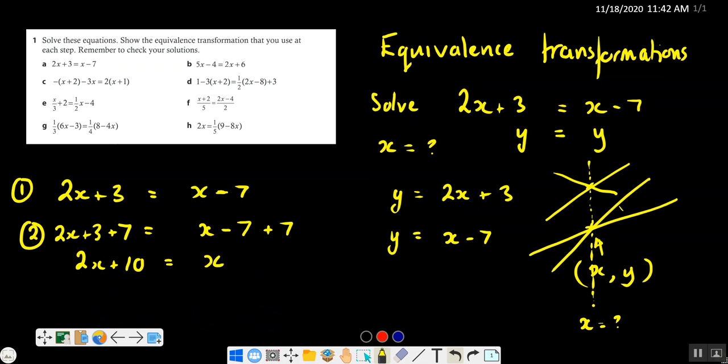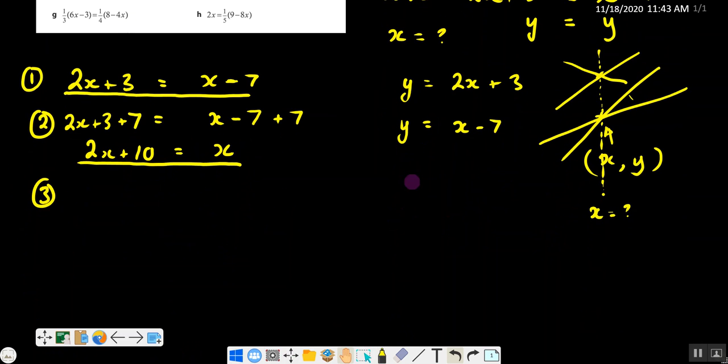Now, I guess the basic understanding is that this is not the same as this, is it? But what do they share? Same solution. The same solution. So that's where the equivalence transformation comes in. All right. So I've now got 2 sets of equations with the same solution. So let's come up with a third set, which limits it even more. What can I do at this stage?